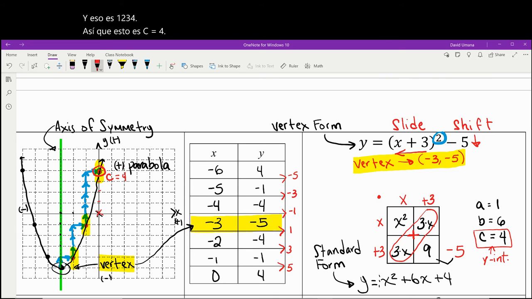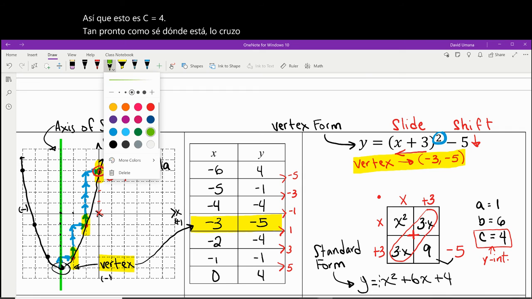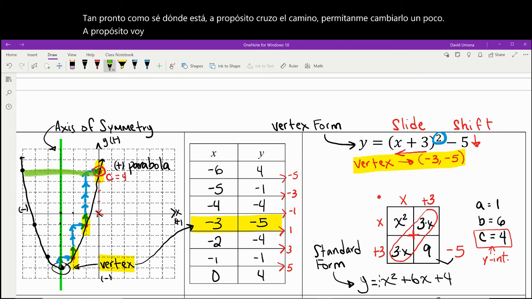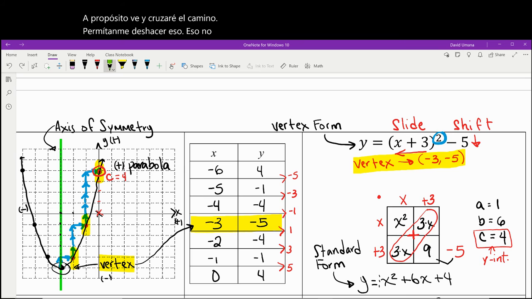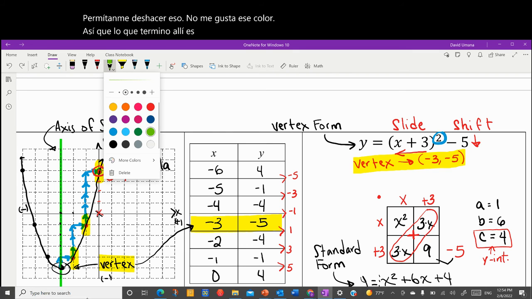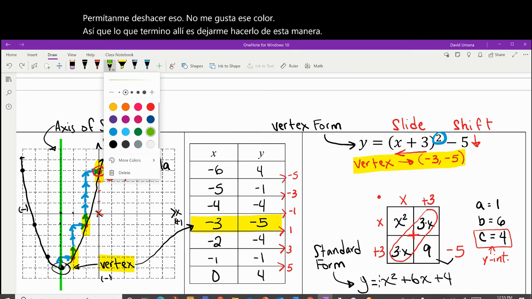As soon as I know where C is, I purposely go across the way. Let me change it up a little bit. I purposely go across the way. Let me undo that. I don't like that color. Let's see if this is any better.